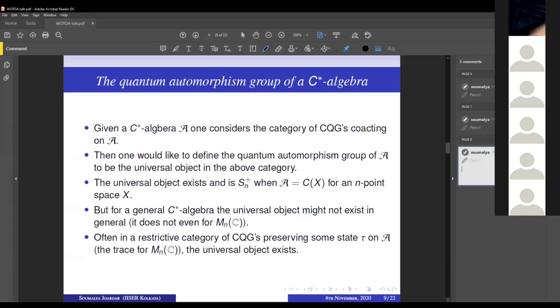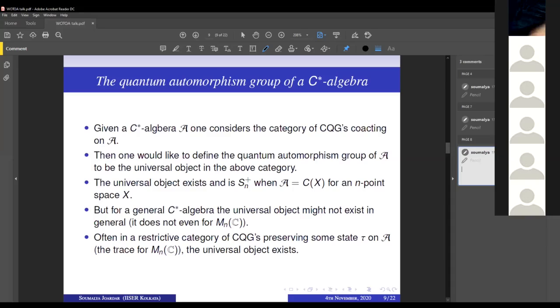What is the language? Given a sister algebra A, one considers the category of compact quantum groups coacting on A. We know what we mean by a CQG coacting on A for any sister algebra, right? Category meaning the objects are compact quantum groups and morphisms are CQG morphisms.